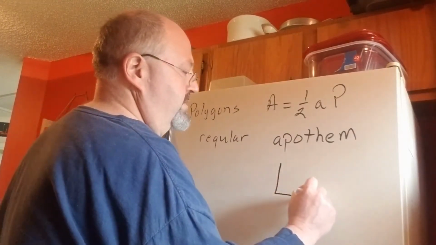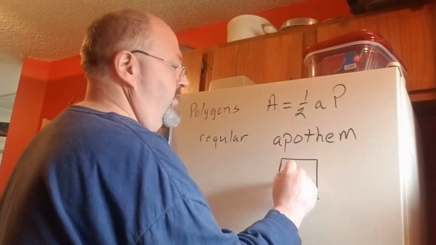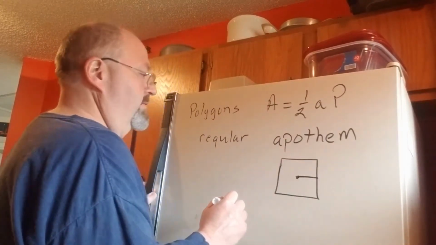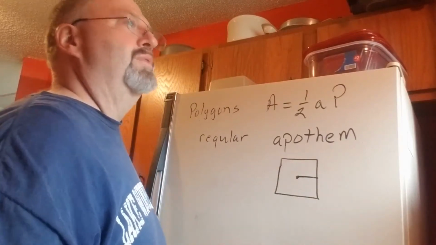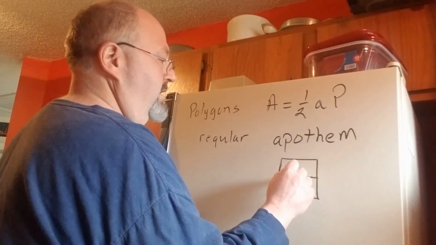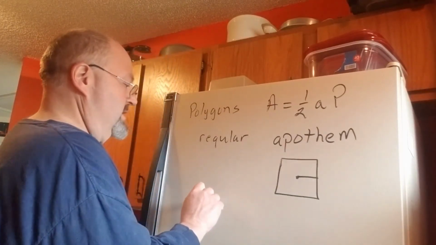So for instance, if we have a square, the apothem would be that distance there. If we have any other regular polygon, it's the distance from the center to the side. And it's the same distance everywhere.